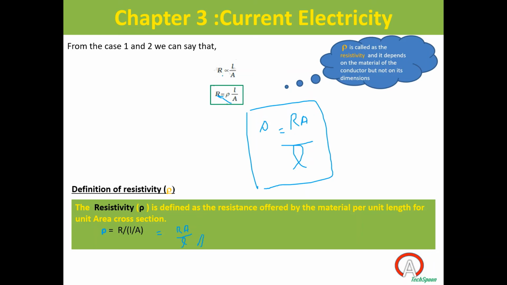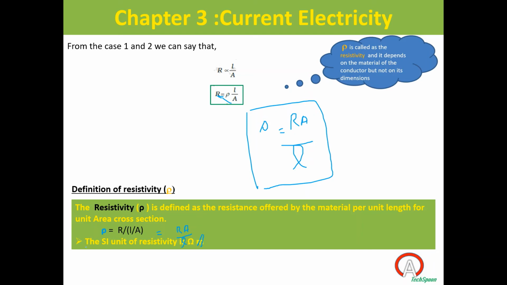To find the equation of resistance, we need to recollect case 1 and case 2. Then, once you have the resistance, from that relation you come to resistivity: rho is equal to RA by L. Otherwise you will get confused, and the resistance equation and resistivity equation will interchange. So you have to remember in the same order. Okay? Finished?